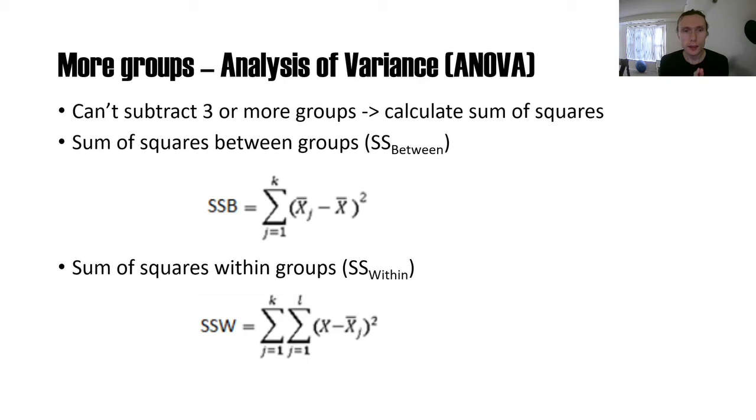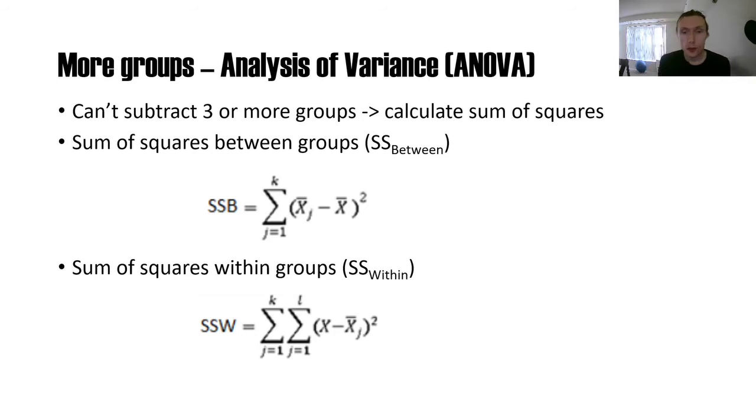So to calculate the sum of squares between groups, you now subtract each group's mean from that overall mean, then you square it and then you sum it up. So that would be 100 minus 110 squared plus 110 minus 110 squared, which is 0, and then 120 minus 110 squared. In that case you would get 100 plus 0 plus 100, so we would get a sum of squares between groups of 200.